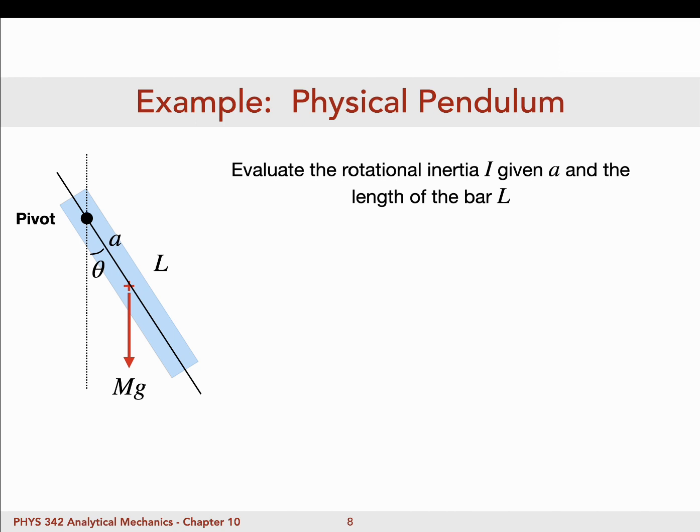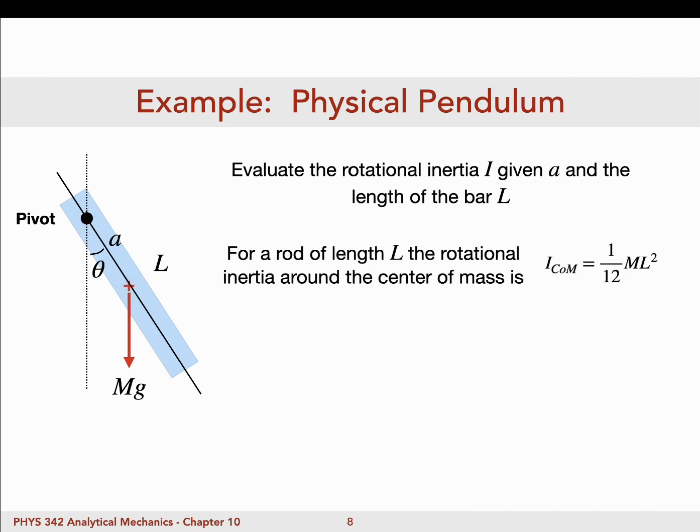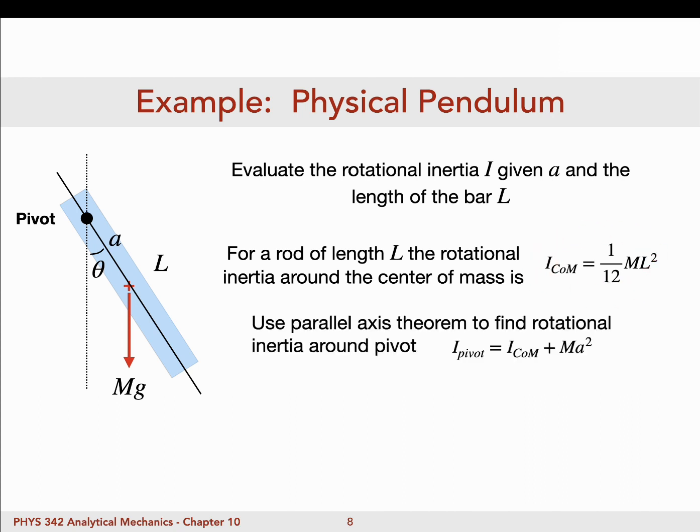So we want to evaluate the rotational inertia, but we want to evaluate it around the pivot point, not the center of mass. So we know that the rotational inertia around the center of mass is 1/12 mL squared from that table. To figure out what the rotational inertia is around the pivot up here, we use the parallel axis theorem.